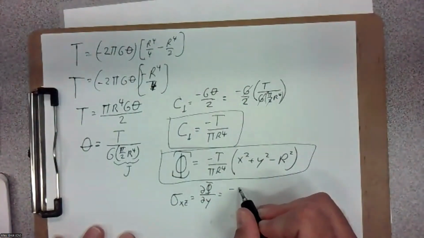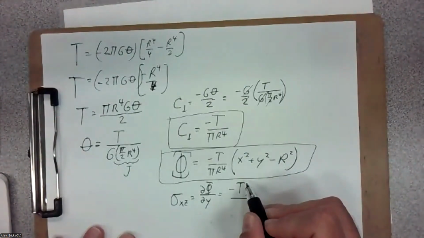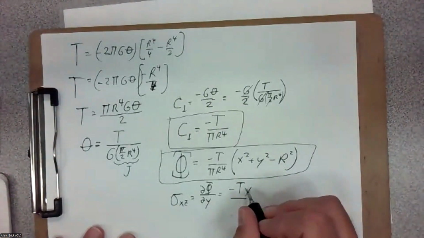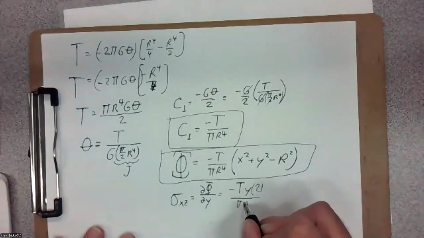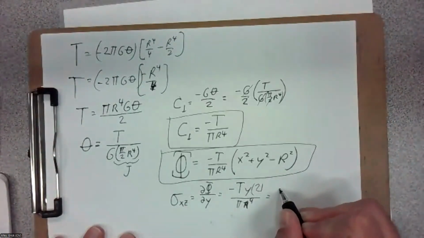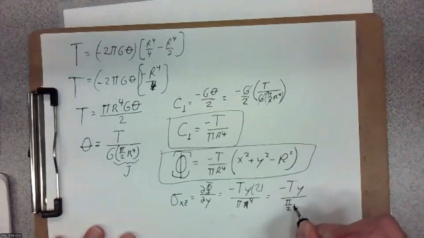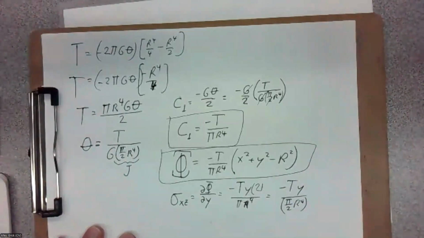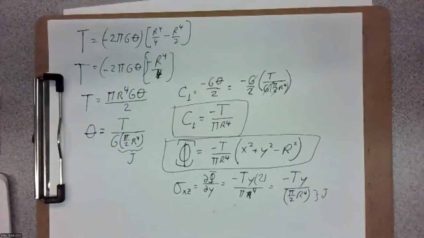I get minus T times y to the first power, over pi r to the 4th. Now, if we move that 2 down to the bottom, minus Ty over pi over 2 r to the 4th. So there's J. It made a comeback here again. So minus T times y over J.